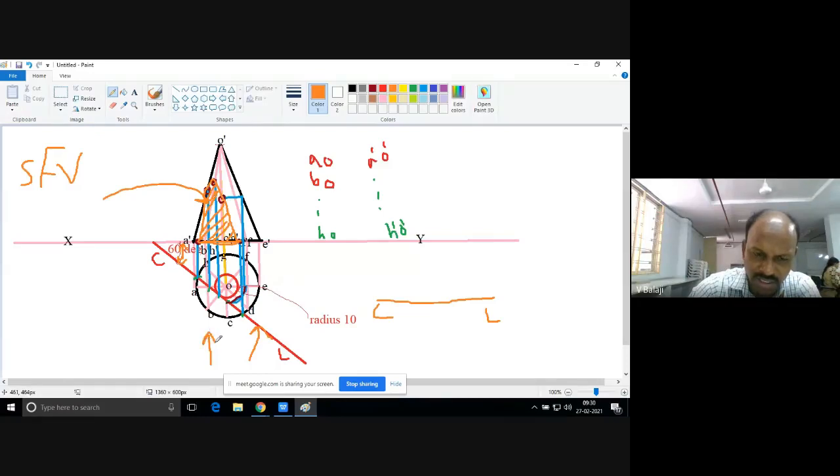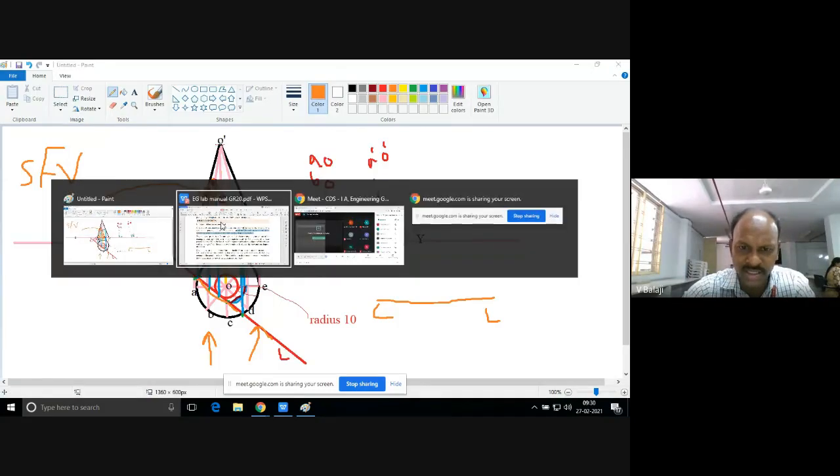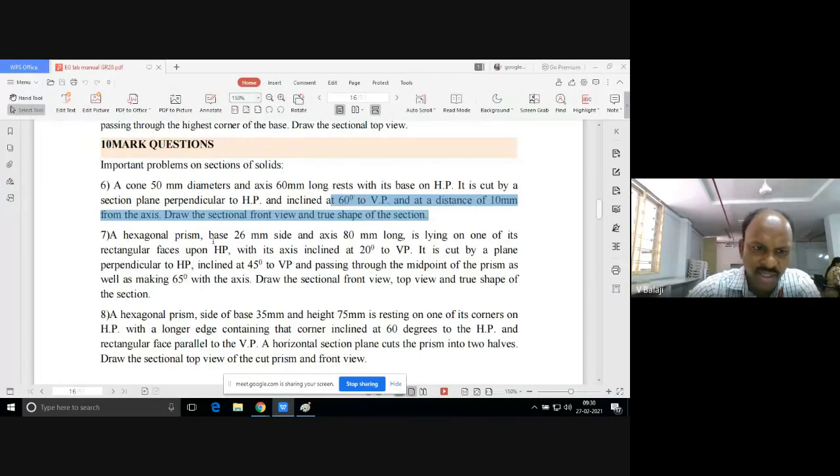If you remove this portion in front of you, whatever exact shape you are getting along this cutting line is not exactly the same as this sectional front view. Okay, it has a slightly larger area compared to this sectional front view. Okay, that is the true shape we are supposed to draw. What is asked in the problem, you can read.